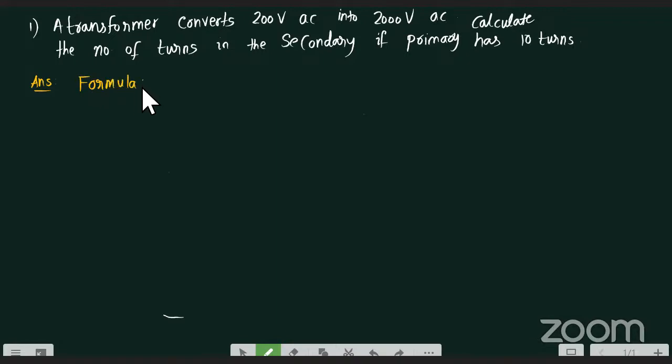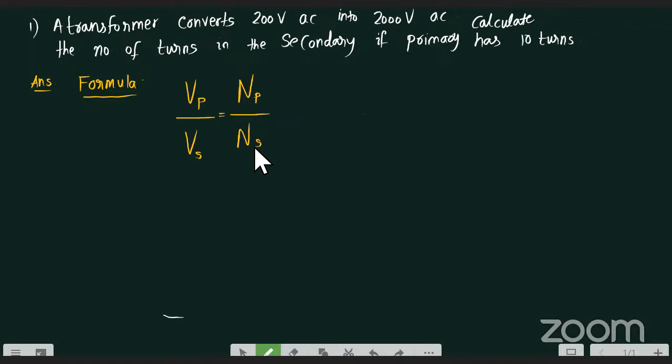As this is a 2 marks answer, if you are able to write the formula and answer, you'll get 2 marks. The formula required is primary voltage divided by secondary voltage equals number of primary turns divided by number of secondary turns.